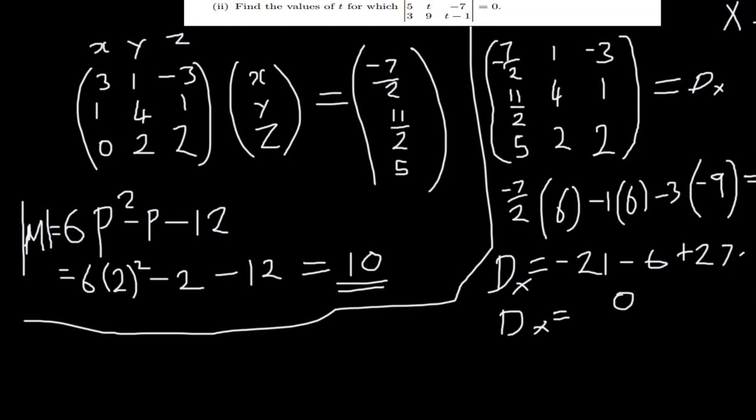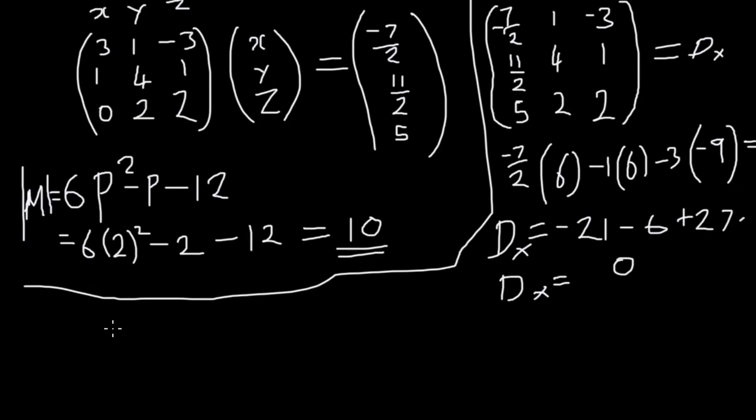Let's find y. So for y, we'll copy the same matrix there, but in the y column we're going to put the answers. I'll write the same things here, 1 and then 0, and in the y column I'm putting my answers, which are negative 7 over 2, then 11 over 2, and then 5.